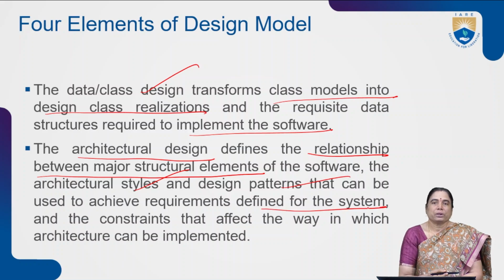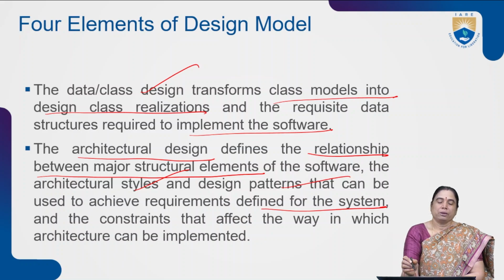A variety of architectural styles are available, like call and return architecture, centralized architecture, and client server architecture. Depending upon the architecture, the design patterns appropriate for the software must be chosen, along with the constraints that affect the way in which the architecture can be implemented.